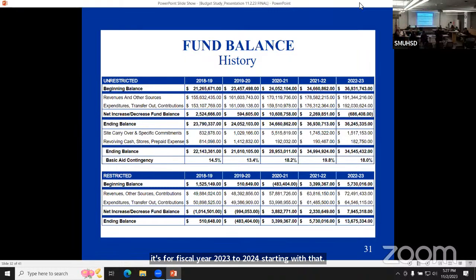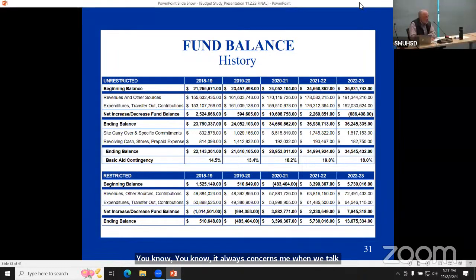Yeah. Bob, it always concerns me when we talk in the hypothetical about spending money and we don't have any specific plans and we don't try to align it with a strategic plan, and we just think it's a little too high.